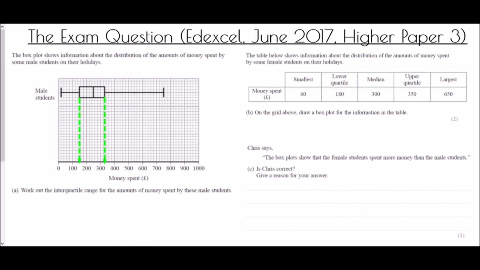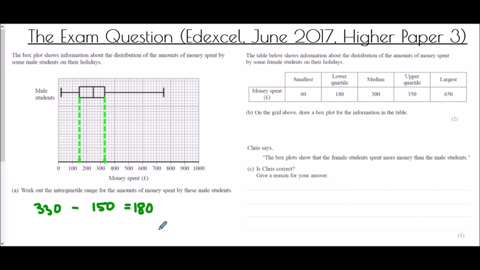If I look at that, my lower quartile appears to be 150. My upper quartile appears to be 330. And so if I subtract those two values, I've got 180. And so the interquartile range for the amount of money spent will be £180.